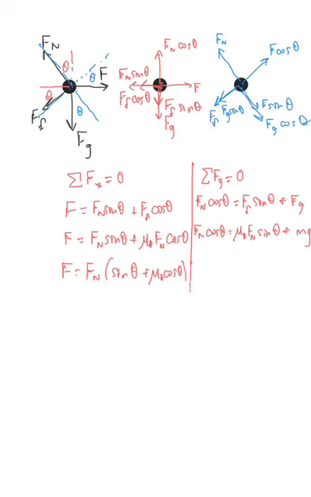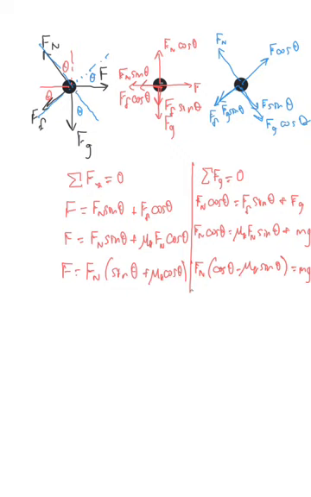And on the other side, we're going to bring this term with the Fn over to the left side of the equation. So we're going to subtract it and factor out the Fn at the same time. So Fn, and then what's left will be cosine of theta minus mu k sine of theta, and all that is going to be equal to mg.